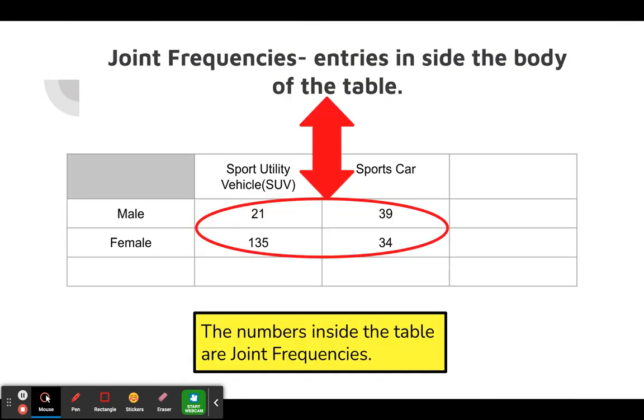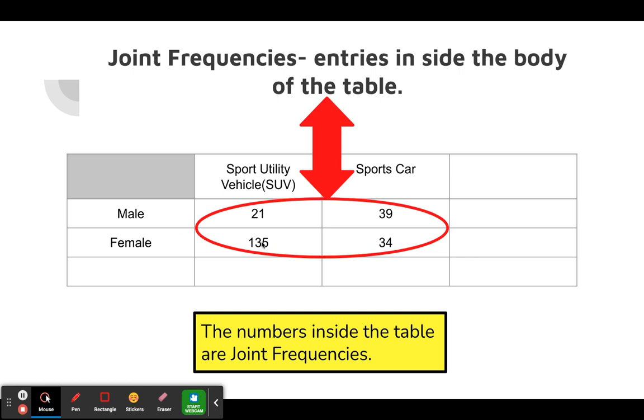Now we have some vocabulary we should discuss. We have joint frequencies. Notice how the joint frequencies are inside of the table. They give us frequencies, or numbers specifically, that answer the questions. So we can tell that there are 21 men who prefer SUVs, and 39 men who prefer sports cars.